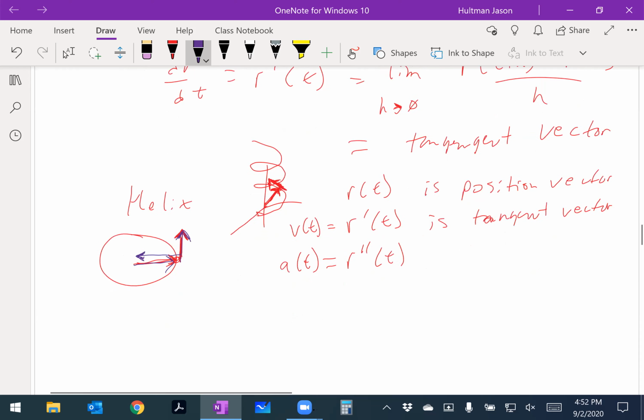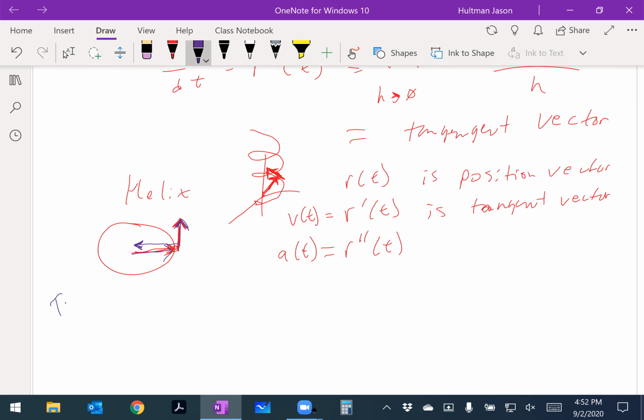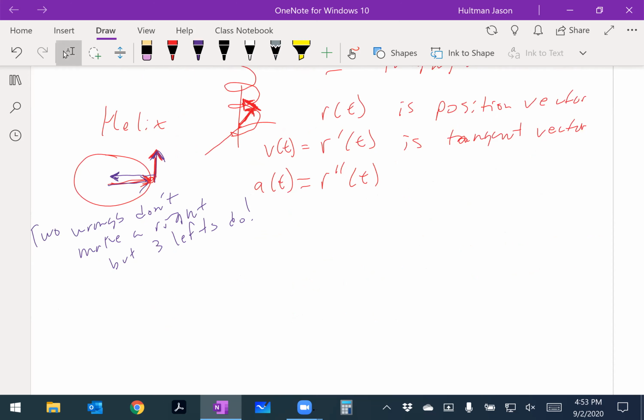So it reminds me of this saying: two wrongs don't make a right, but three lefts do. Think about that for a little while. What does it mean? Three lefts make a right.